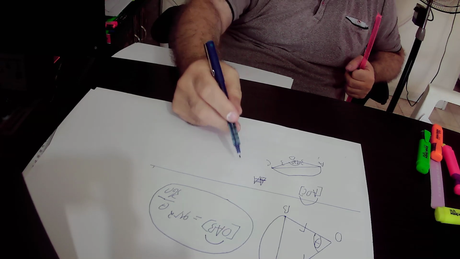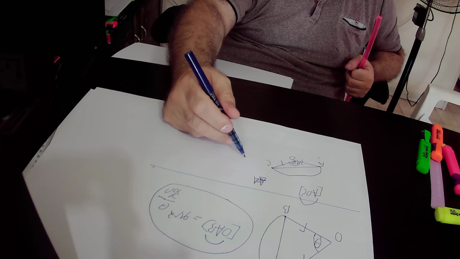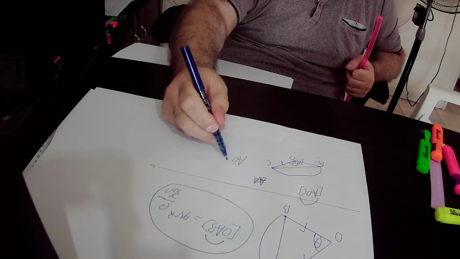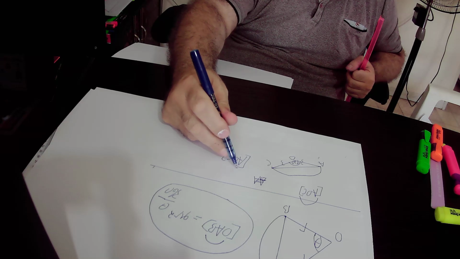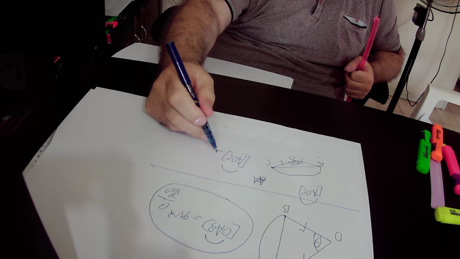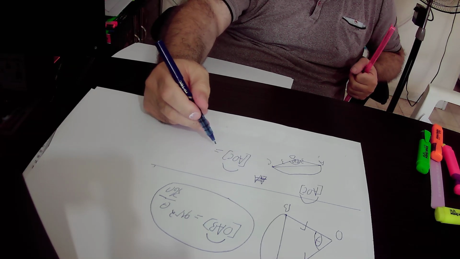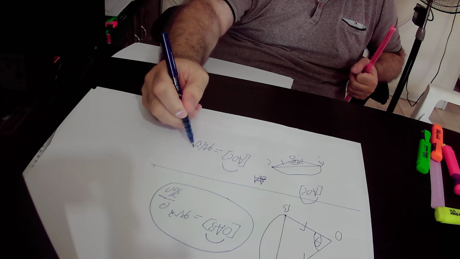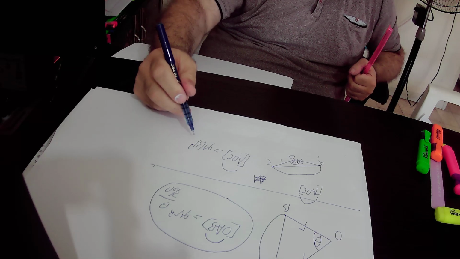Therefore, according to the new formula, the area of this sector, sector AOC, will be equal to pi r squared. R equals 3 units, therefore it is pi times 3 squared times theta over 360 degrees.